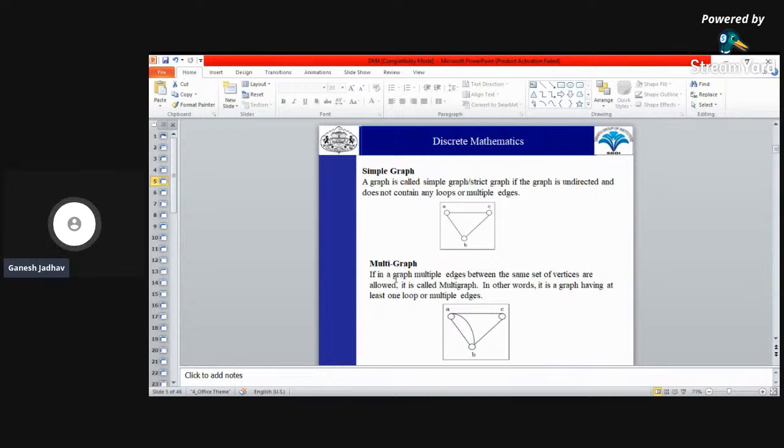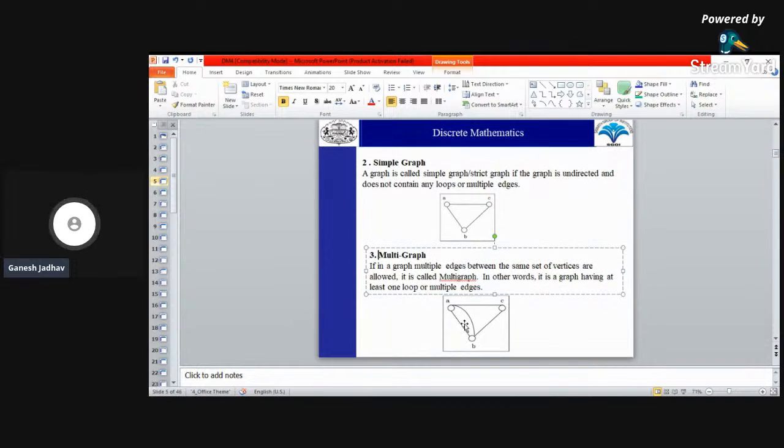So this is the second type. Then the third type is the multigraph. What is a multigraph? If multiple edges between the same set of vertices are allowed in a graph, it is called a multigraph.